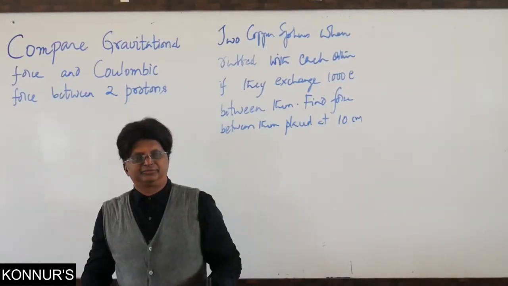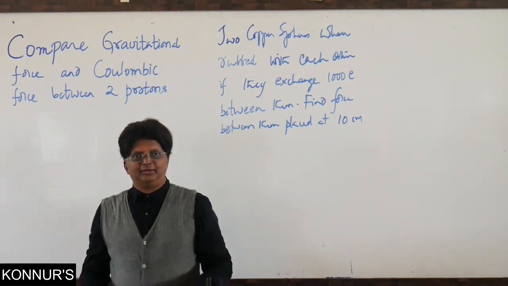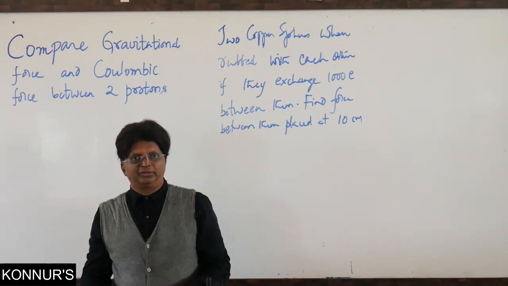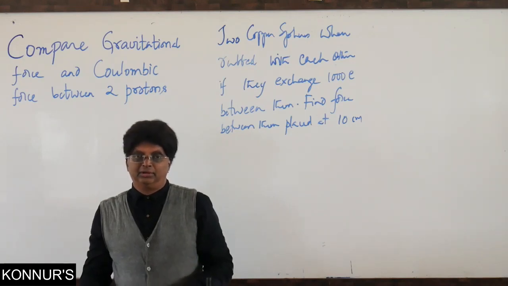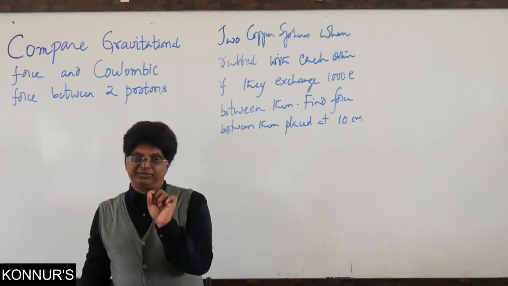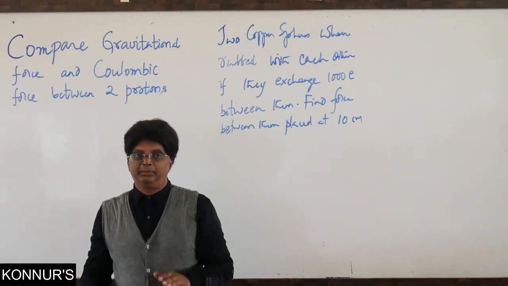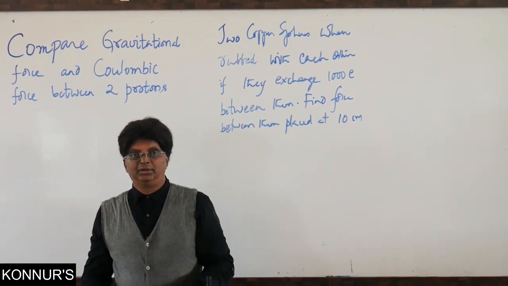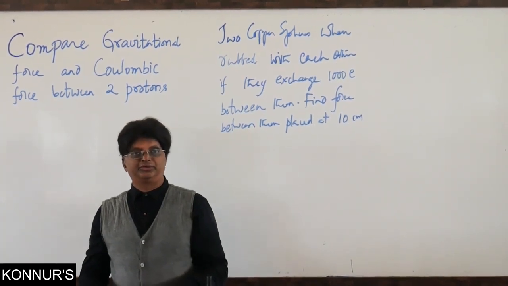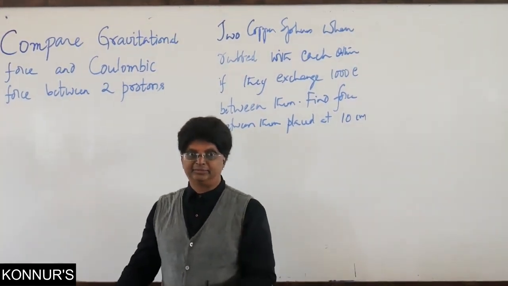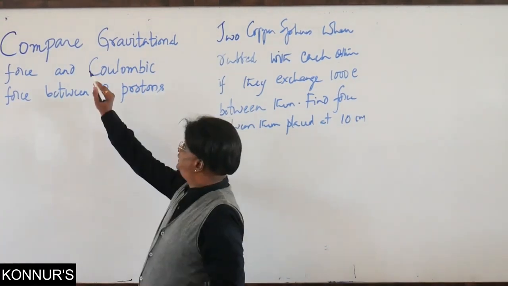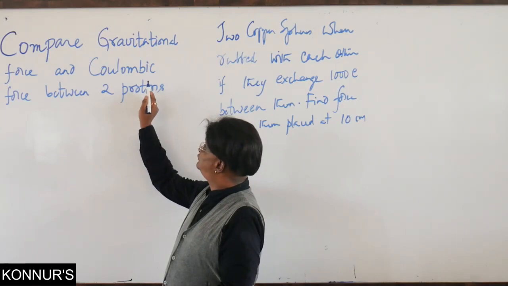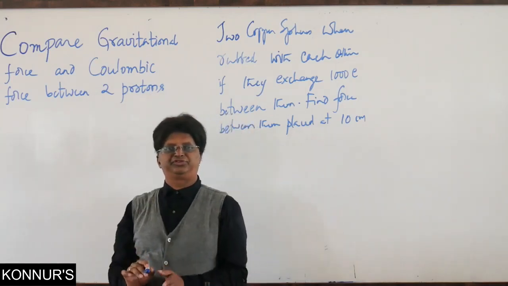Coulombic force, few examples. First example: read the question carefully, because sometimes reading the question and missing a few things messes up the answer. Especially it happens in competitive examinations like CET or NEET exams. Look, it is asked to compare gravitational force and Coulombic force between two protons, a very generalized question.